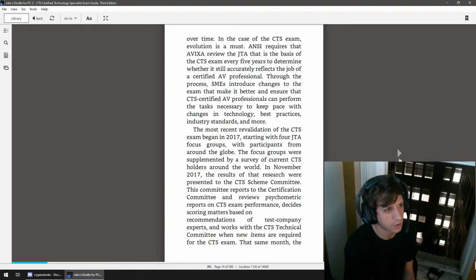Through the process, SMEs introduce changes to the exam that make it better and ensure the CTS certified AV professionals can perform the tasks necessary to keep pace with changes in technology, best practices, industry standards, and more. The most recent revalidation of the CTS exam began in 2017, starting with 4 JTA focus groups with participants from around the globe.